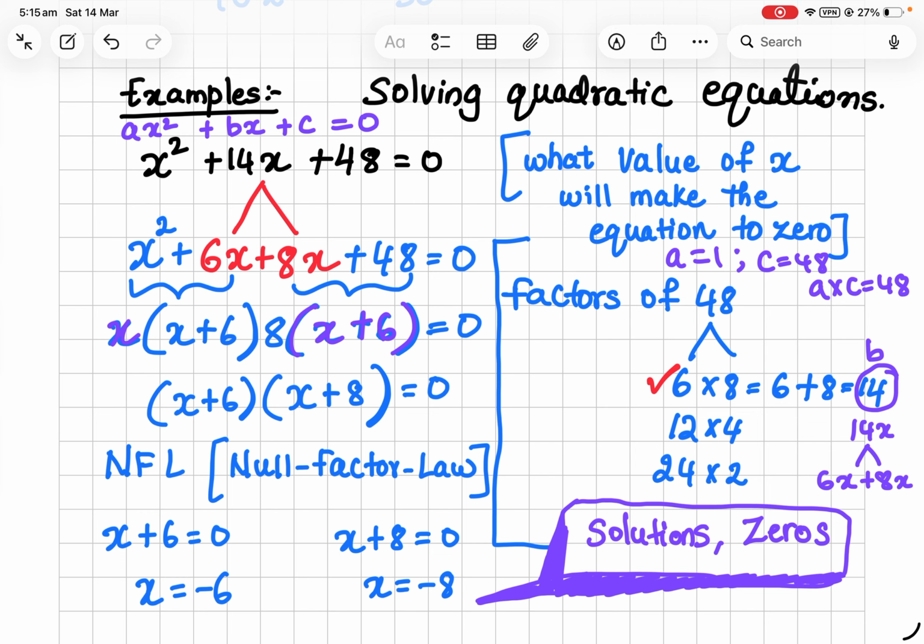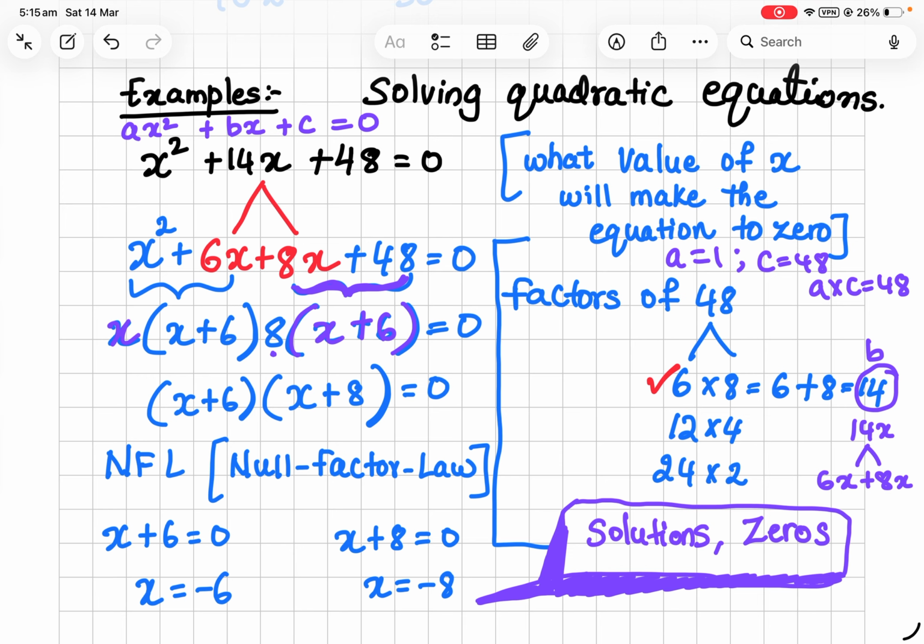So then what is the magic number that has to be in this spot so that it can give you this second piece? It should be 8 because x is already inside the bracket.